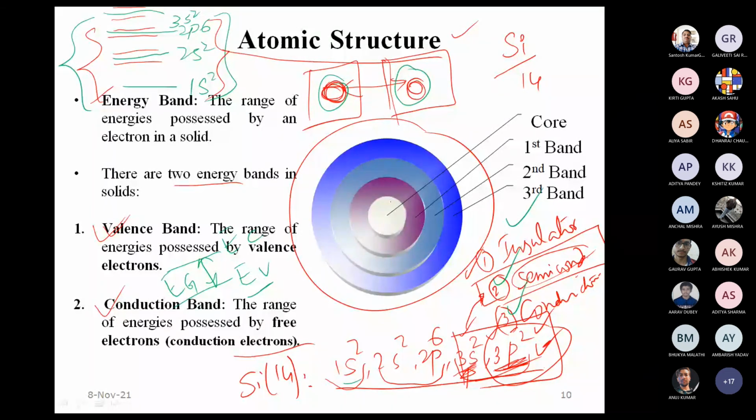For semiconductors, the energy band gap is not too large, but for insulators it is too large, and for conductors it is absent.